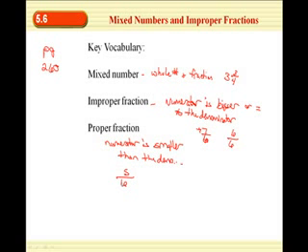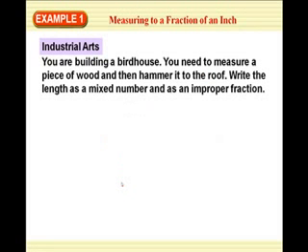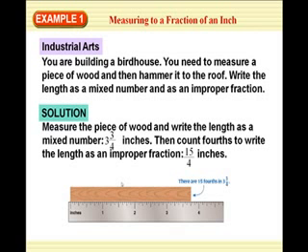Alright, so let's see what we got in store for us. You are building a birdhouse. You need to measure a piece of wood and then hammer it to the roof. Write the length as a mixed number and as an improper fraction. So there's our length. It's between 3 and 4, so we know it's 3 and something.